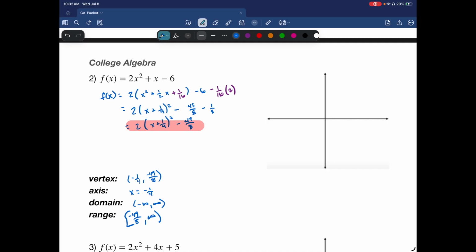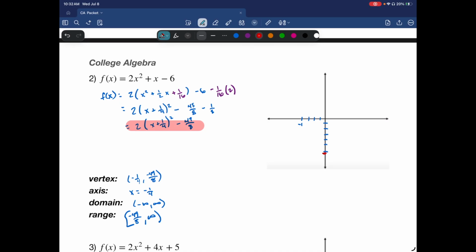Okay, and then let's see, I got negative 1, and then I got 1, 2, 3, 4, 5, 6. All right, so 48/8 is 6. So 49/8 is going to be just over 6, like right here.